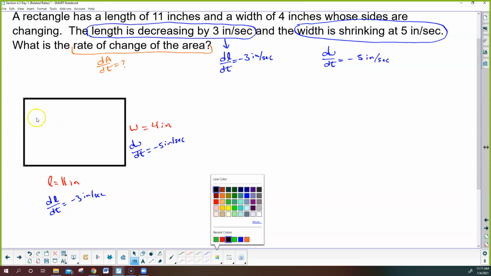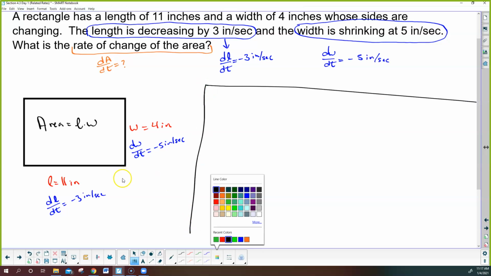But then I also know one other thing. I know that area is equal to length times width. And that's where the equation comes from. And that's sometimes the hard thing to do, is they didn't give me this equation. I had to know that it's a rectangle and the area of a rectangle is length times width.